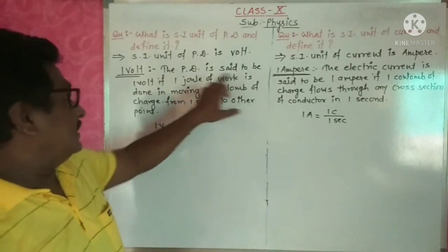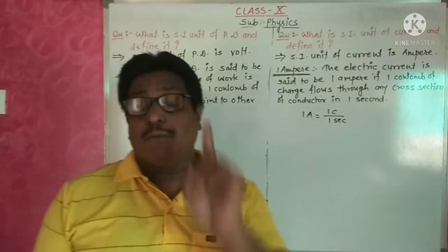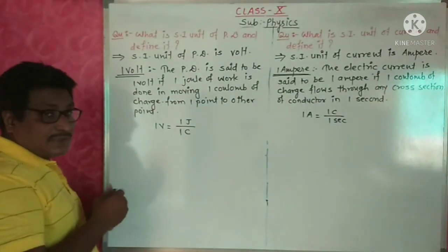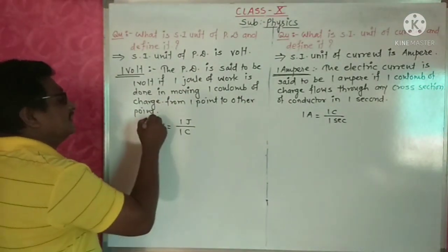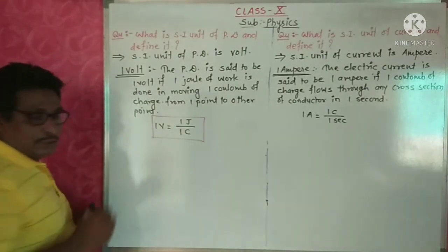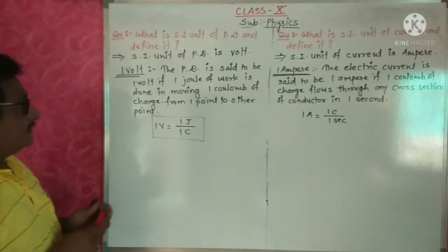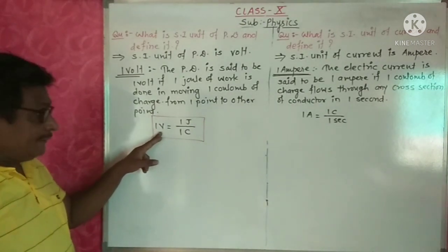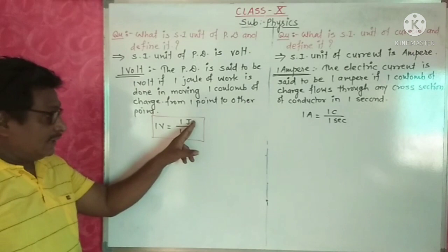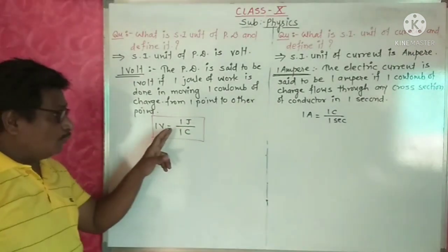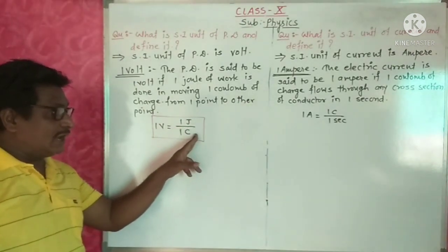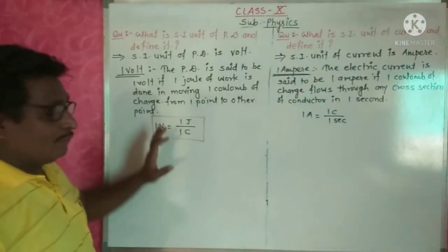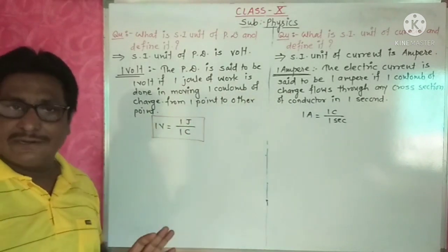So for that purpose, this we have to remember. It is easy to write the definition: the potential difference is said to be 1 volt if 1 joule of work is done in moving 1 coulomb of charge from one point to other point, is called 1 volt potential difference.